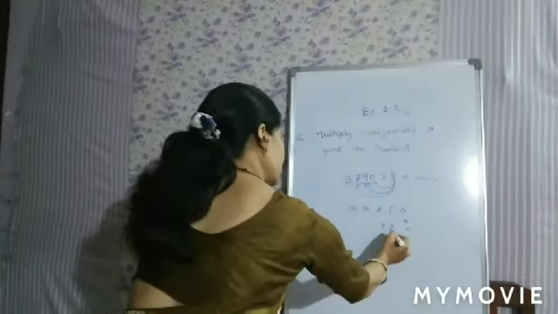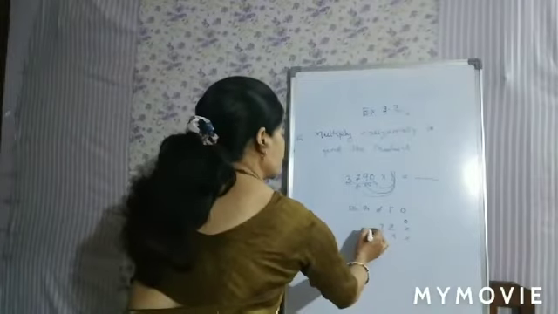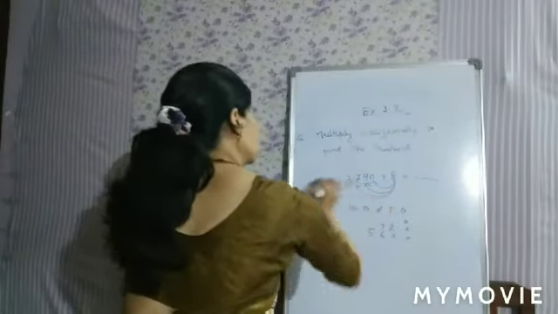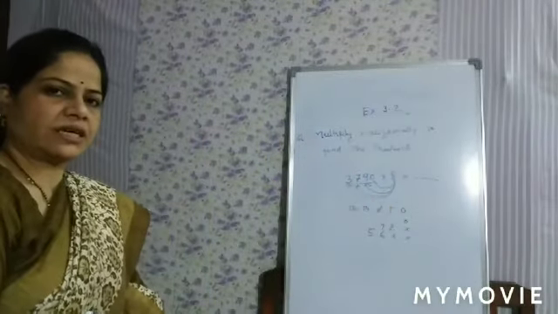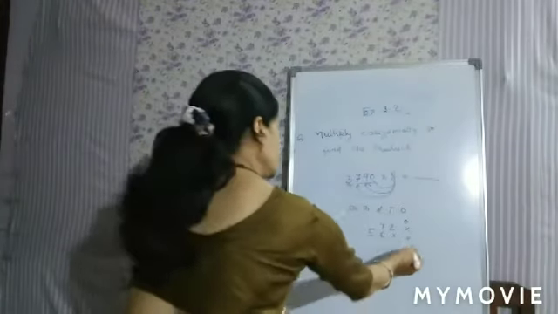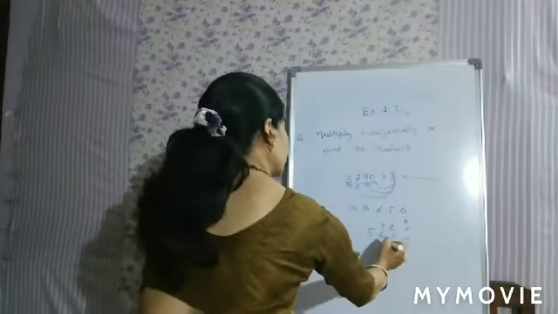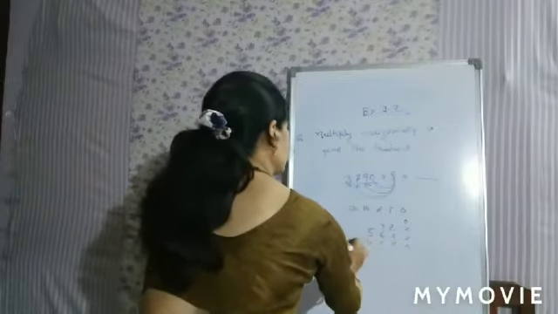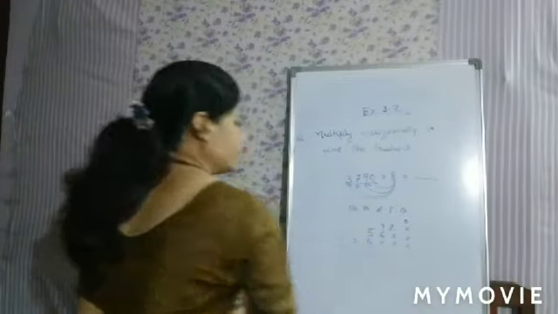So leave ones and tens place and write 56. Okay. Then multiply 8 and 3. 8 threes are 24. So leave ones, tens and 100 place and write 24 and add.